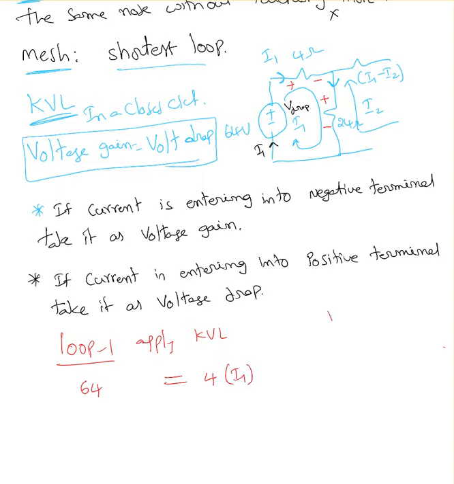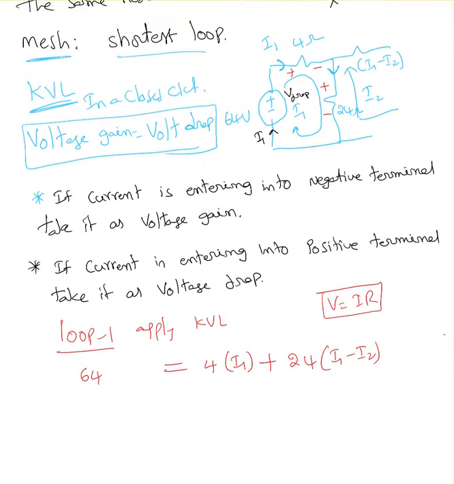According to Ohm's law, V equals I times R. That's the formula I used, I1 times R. Is this a voltage drop or gain? That's a voltage drop, so plus 24 times (I1 minus I2). This is the equation in loop 1.